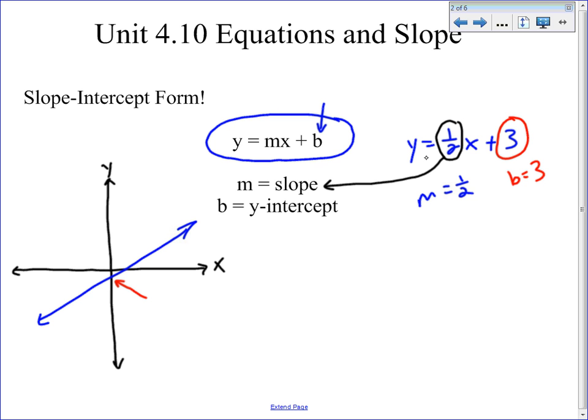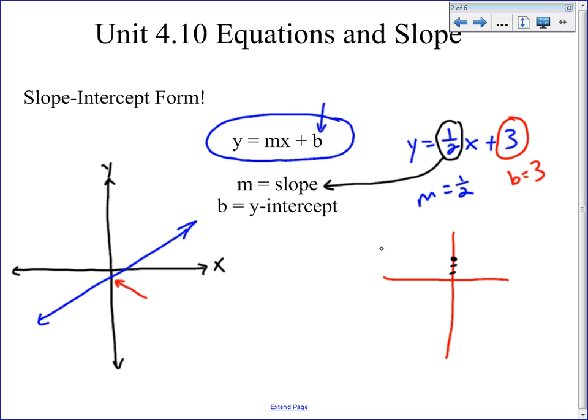So what we know about this line is that it's going to cross the y-axis at 3, and it's going to have a slope of 1/2, which means that we're going to be rising 1 and running 2. It's going to cross the y-axis at 1, 2, 3, and we're going to be going up 1 over 2, up 1 over 2, up 1 over 2. We're rising 1, running 2.